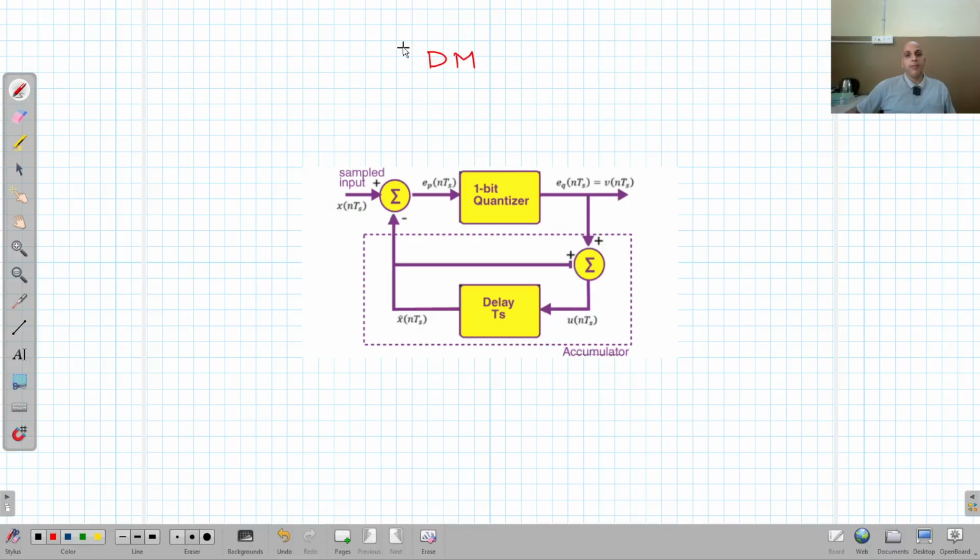Now I am going to make it an adaptive delta modulator. How can I make it? Simply, I will add a logic circuit that will control the step size.